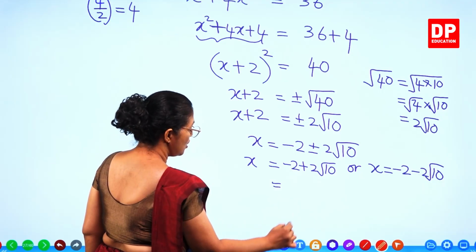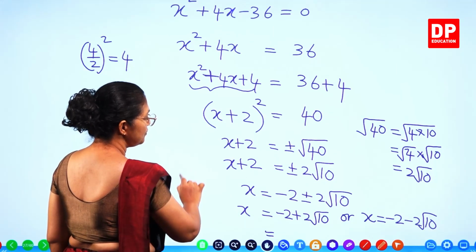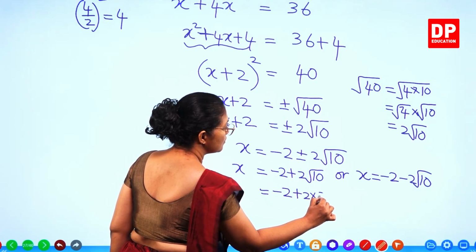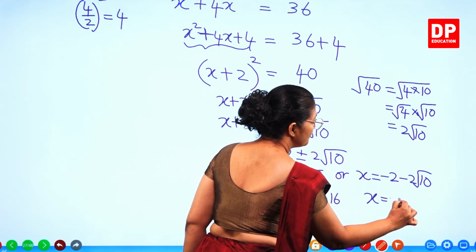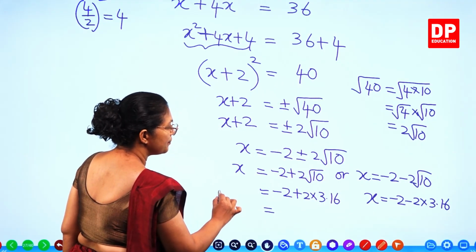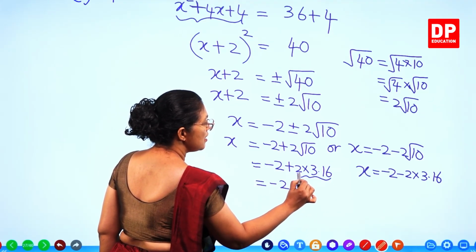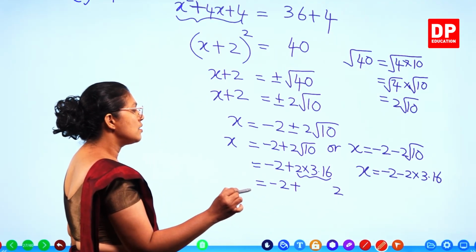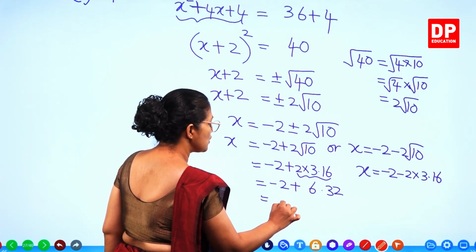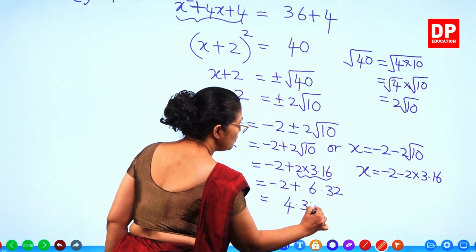So when you substitute root 10 value 3.16, you get minus 2 plus 2 times 3.16, which is 6.32, so you get 6.32 minus 2, that's 4.32.